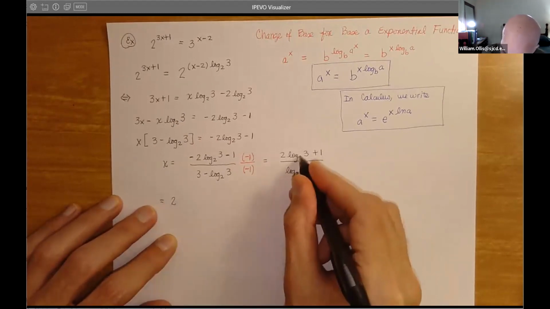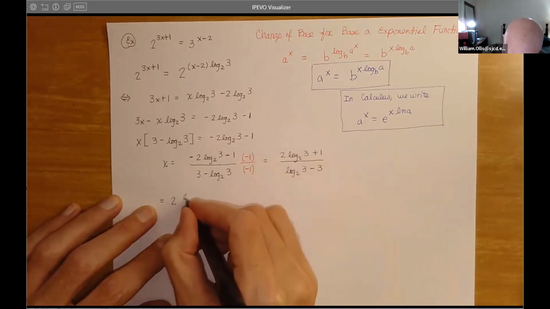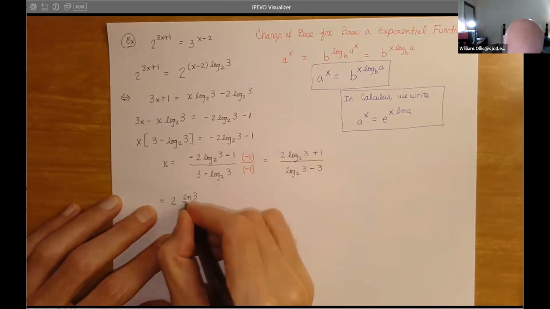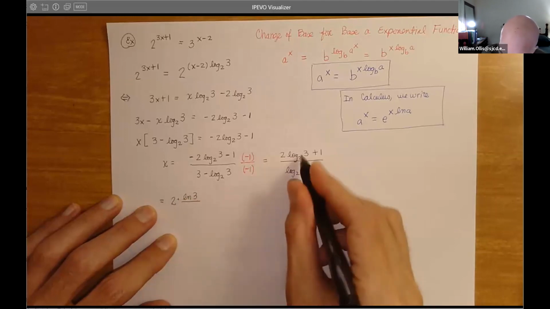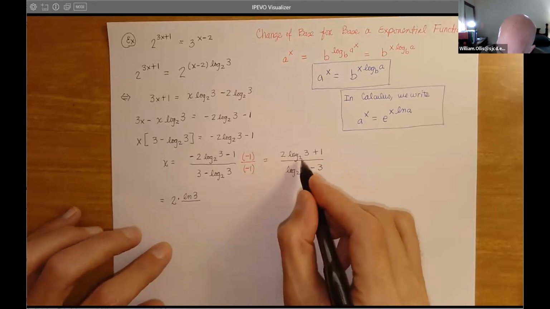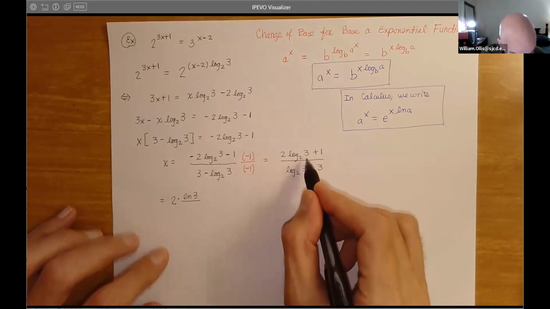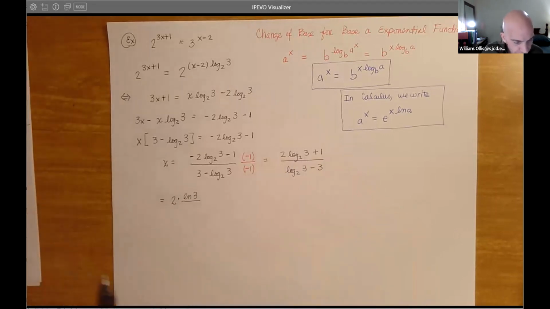So we're going to do the change of base to the natural base. So we'll have natural log of 3, divided by the natural log. Now, notice here, when we do this, we have the natural log of 3, which we actually change up here.